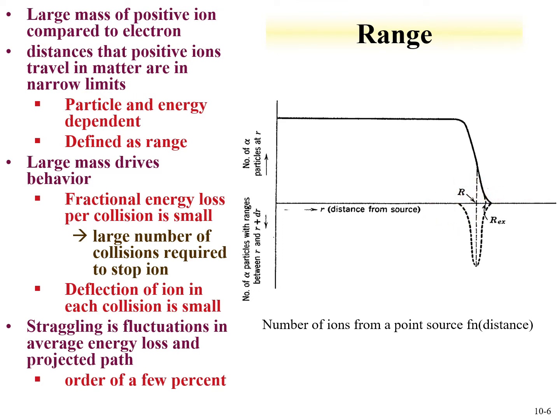And the figure here shows the number of ions from a point source as a function of distance. So you say the number of alpha particles at a given distance r decreases, and the number of alpha particles with ranges that are between r and some plus or minus small amount of r. You see that most of the alpha particles will get deposited for a given energy in a small region.